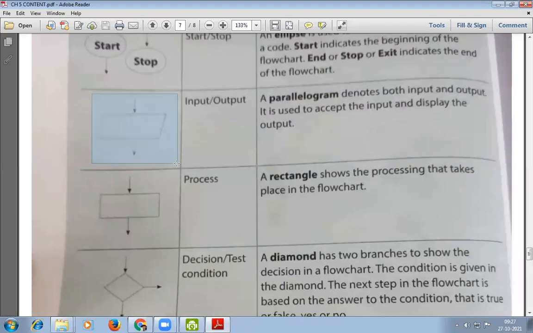This symbol represents input or output. A parallelogram denotes both input and output. It is used to accept the input and display the output. So this one is a parallelogram, and it denotes input and output.